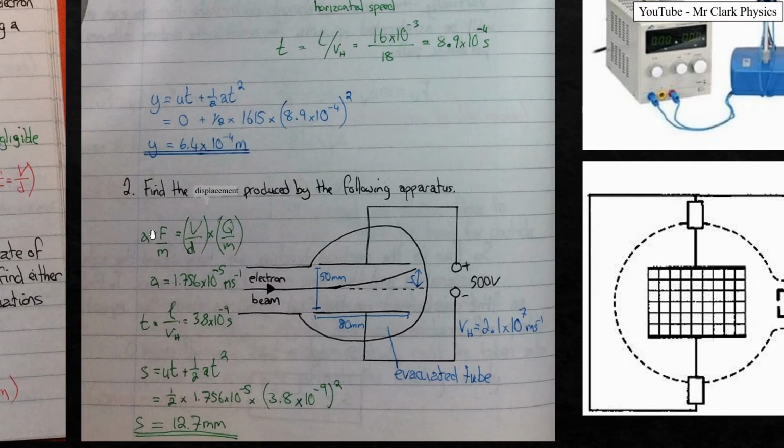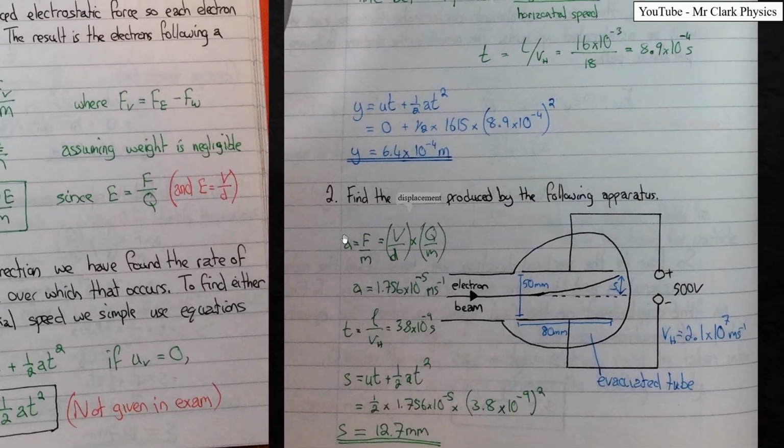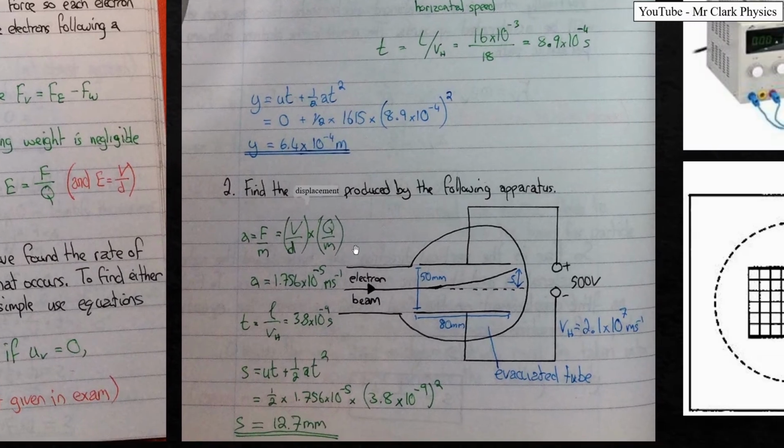Here we're going to find our acceleration, and it's force per mass again, and again force is going to be the electric field multiplied by the charge, and in this case I've skipped an extra step and said electric field is the voltage divided by the distance. That's for a uniform electric field between any two parallel plates. Put all the numbers in, out comes this value here.